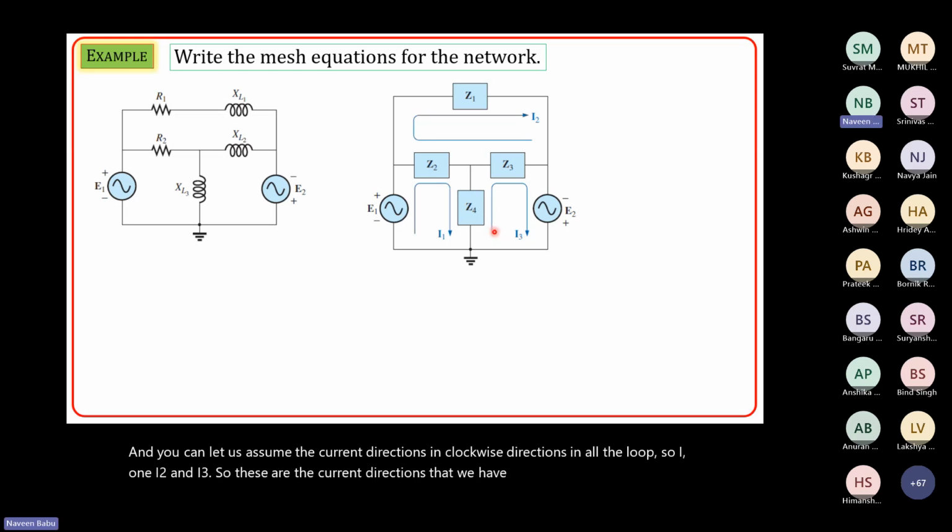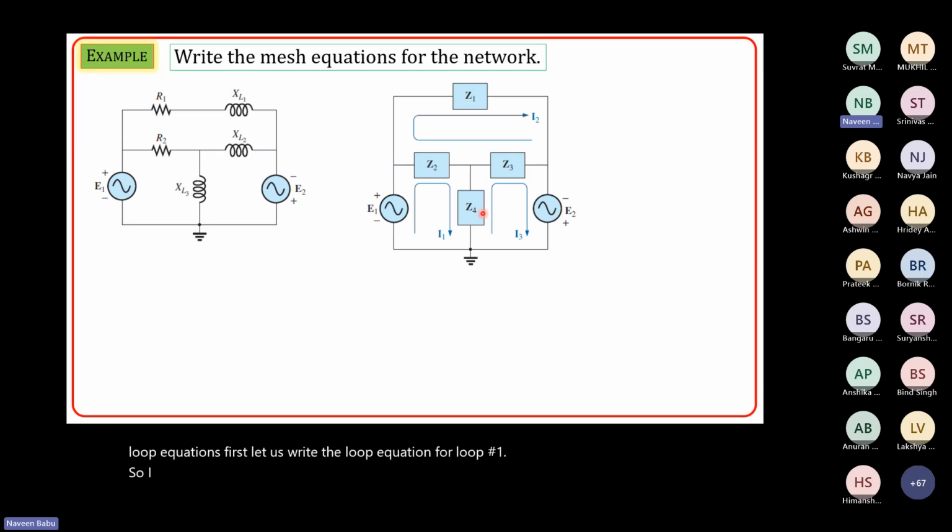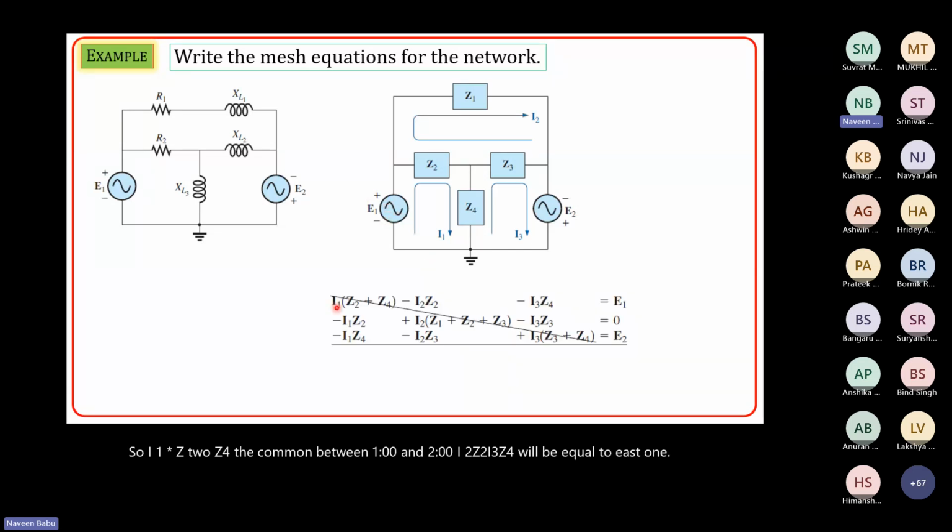Now let us write the loop equation for loop number 1. I1 multiplied by Z2 plus Z4, minus the common between 1 and 2, minus I2 Z2, minus I3 Z4, will be equal to plus E1. This cross is nothing but marking the diagonal elements; it is not struck out.